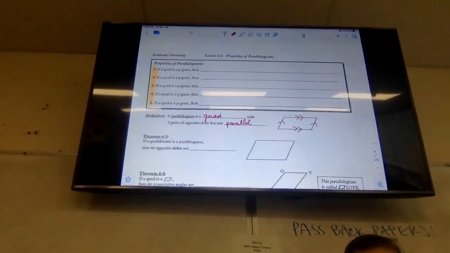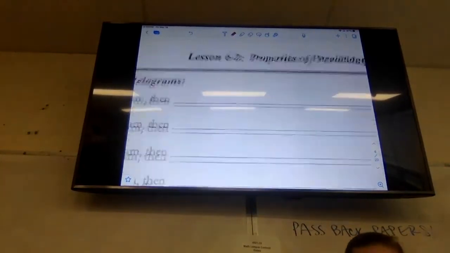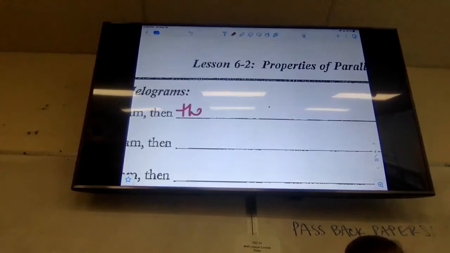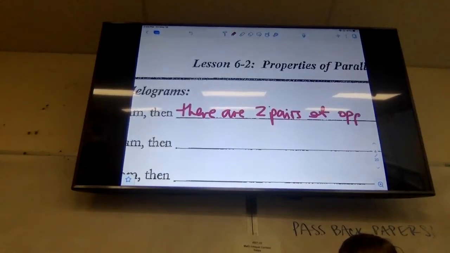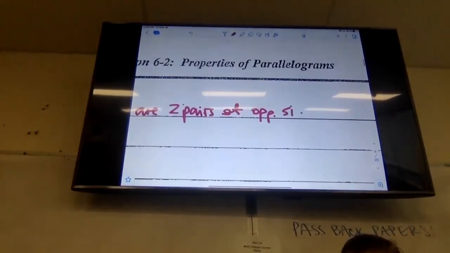All right, so I'm going to write this definition as one of my properties. I'm going to say if a quad is a p-gram, if a quadrilateral is a parallelogram, then there are 2 pairs of opposite sides that are parallel.